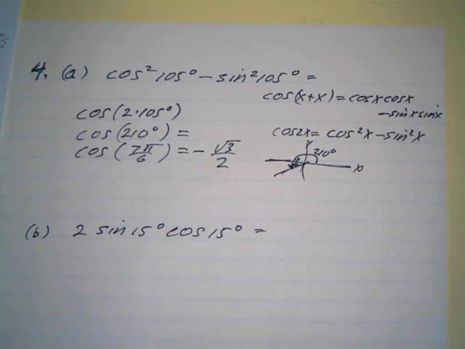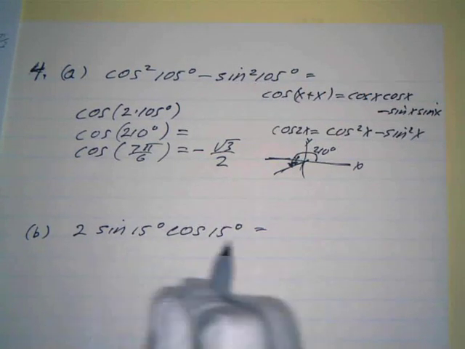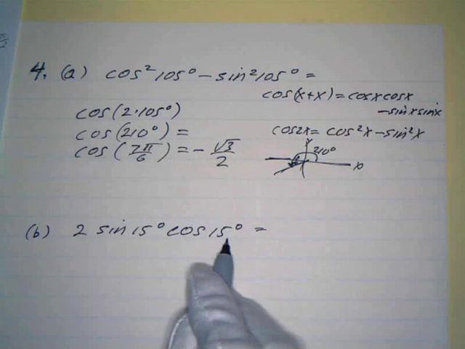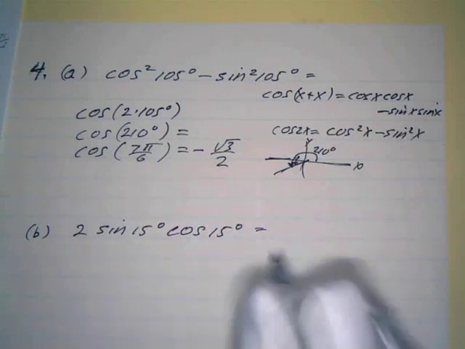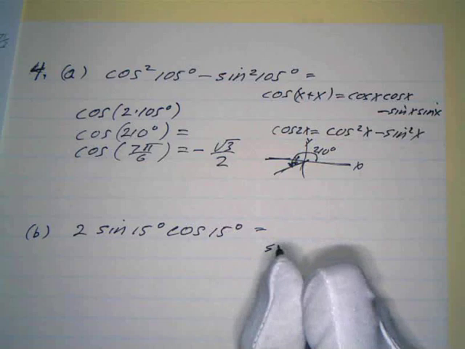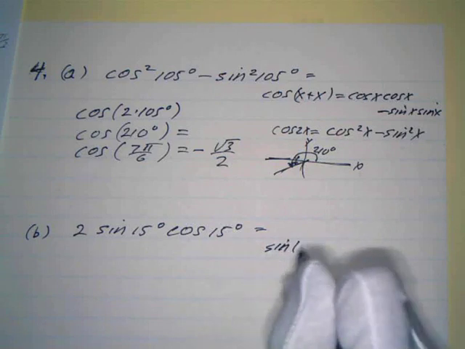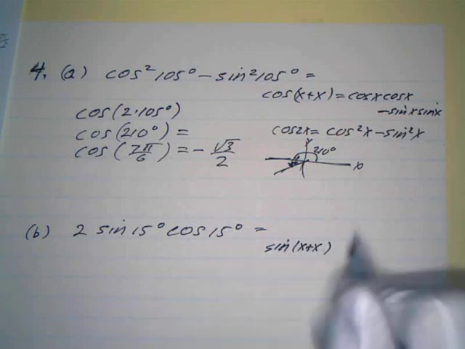Okay. Let's take a look at this now. This is our 2-angle formula for the sine. And remember, you can derive that by using the sine of x plus x.